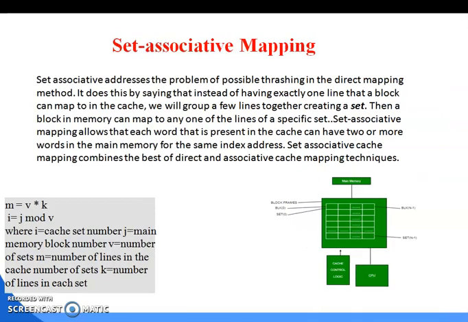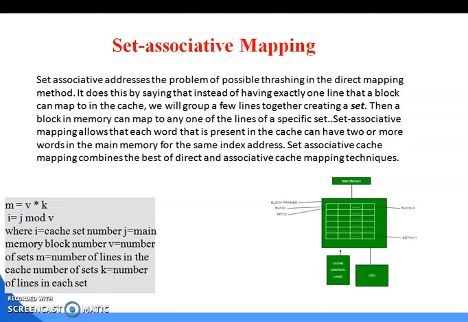Set associative mapping. Set associative mapping addresses the problem of possible thrashing in the direct mapping method, and it does this by saying that instead of having exactly one line that a block can map into in the cache, we will group a few lines together, creating a set.